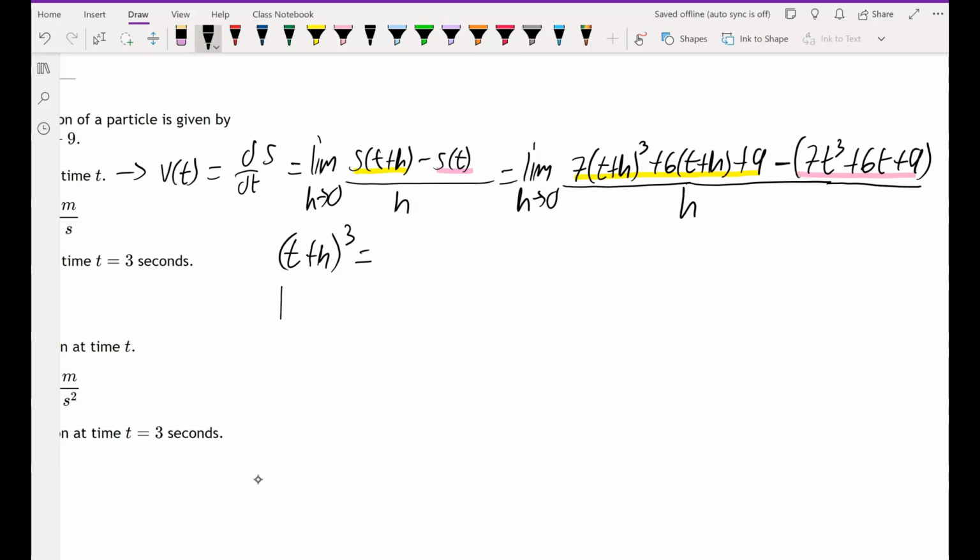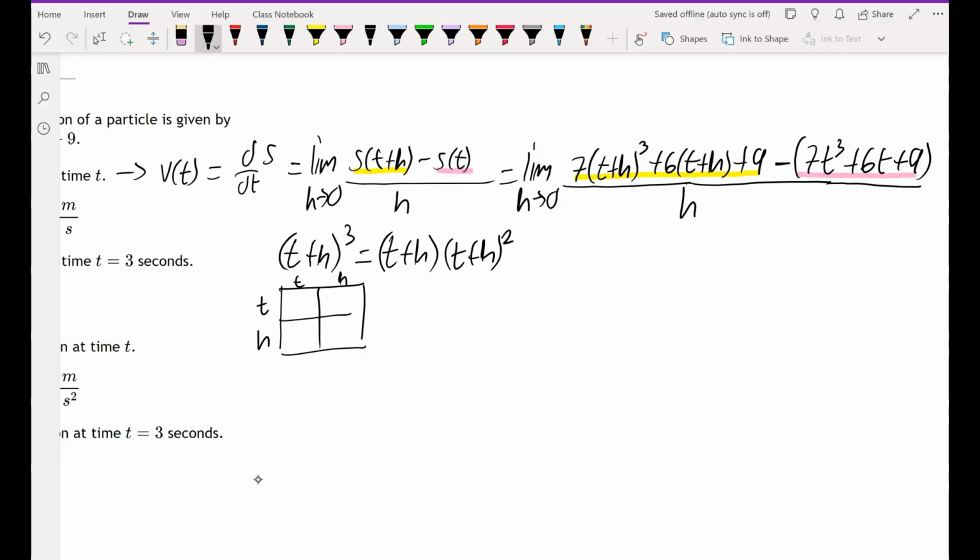And we could do this by noticing that this is t plus h times t plus h squared. And t plus h squared can be found by the perfect square formula, or by finding the area of a square that looks like this.